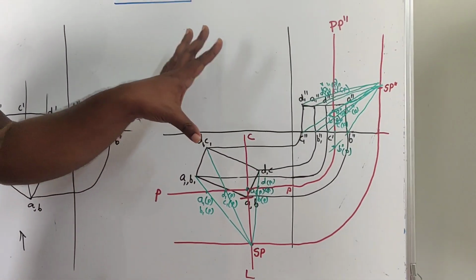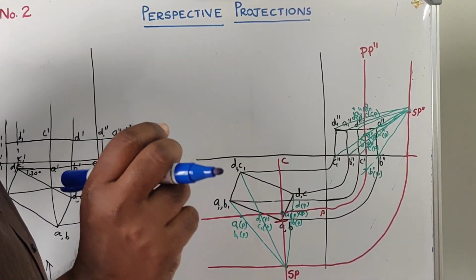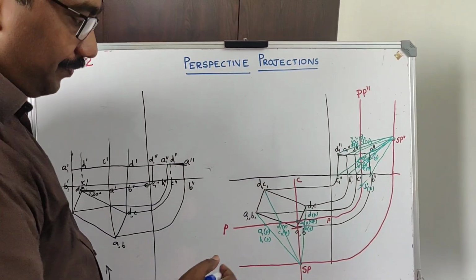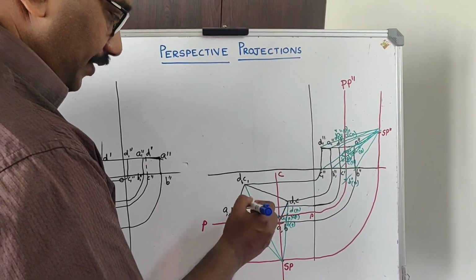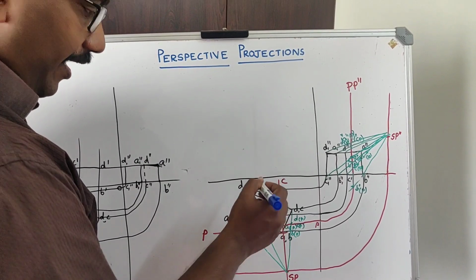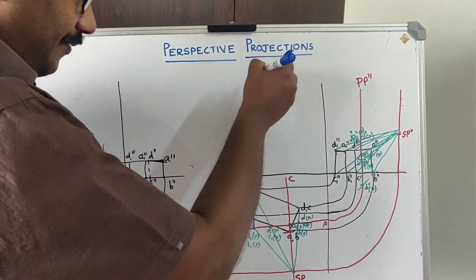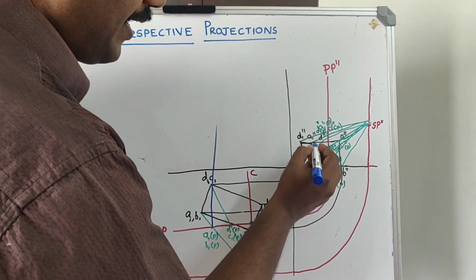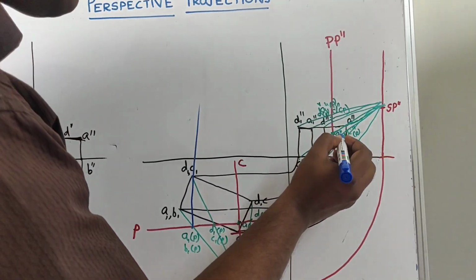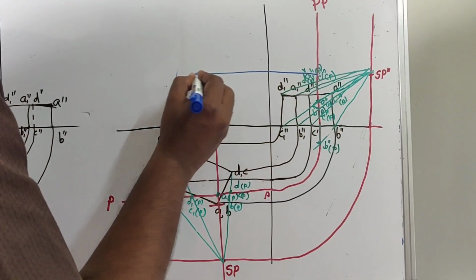Now we will get the final view. Now we can finish off the final view. That is, we will start with A1, B1, C1 and D1. You take A1P in the upward direction. Correspondingly, you will get A1P here, or A double dash 1P that you can have.